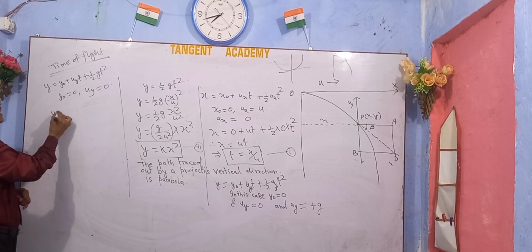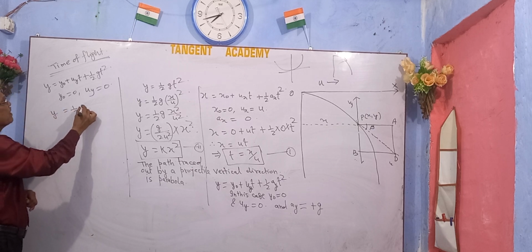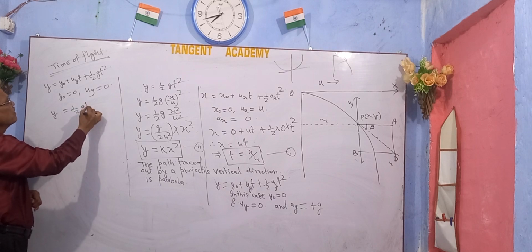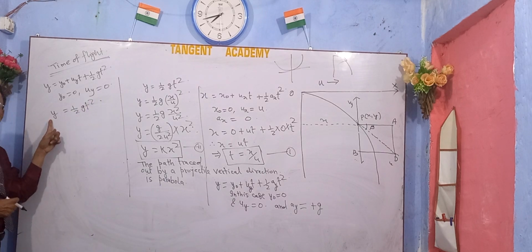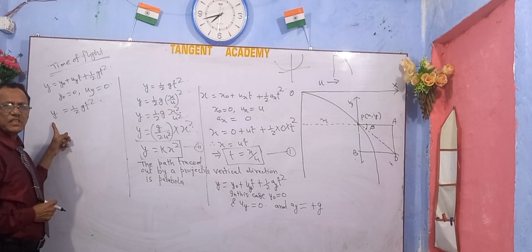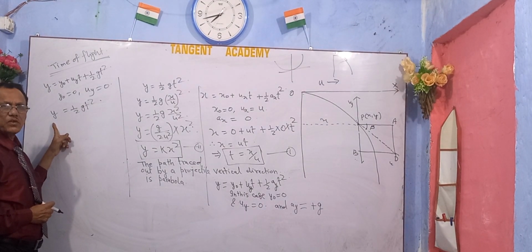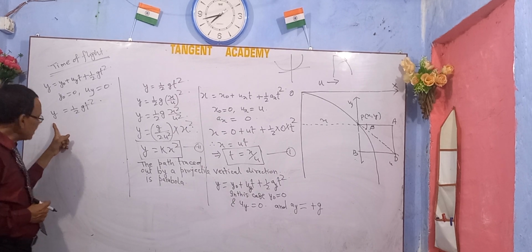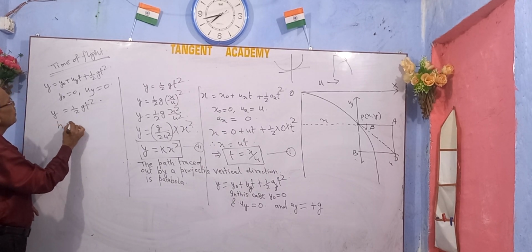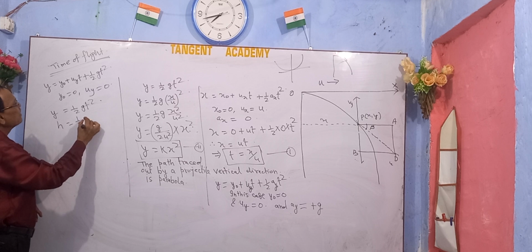So y is equal to half gt square. Here we will symbolize y, that is distance covered vertically, which is generally denoted by h. So h is equal to half gt square.